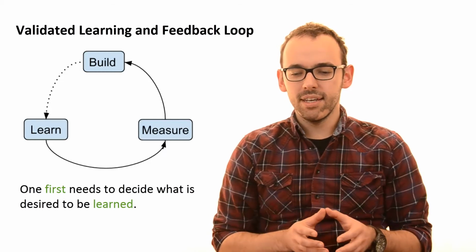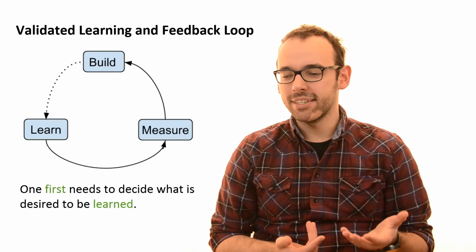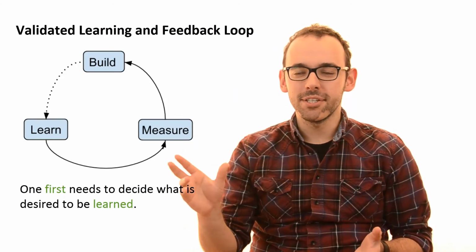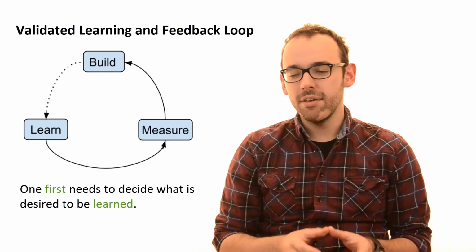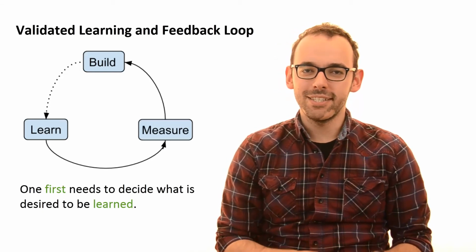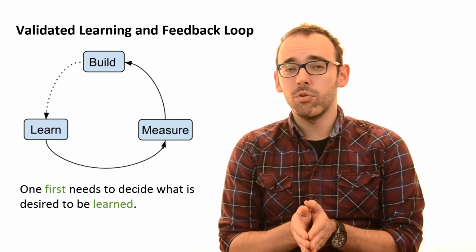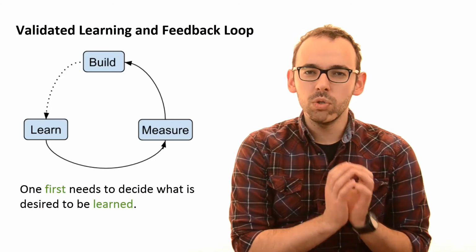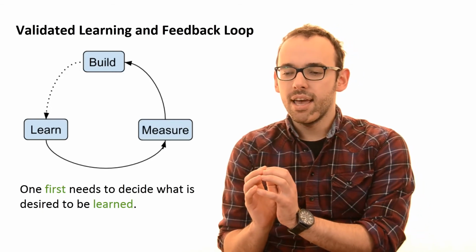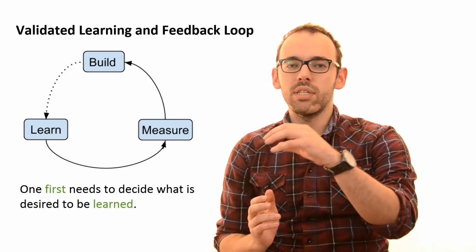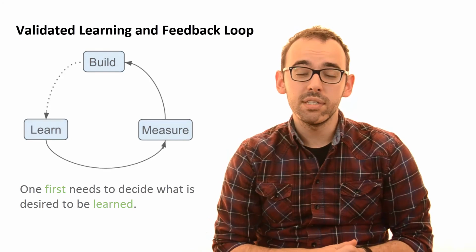And in other cases, and it's a story that you can see Steli telling in a lot of presentations, he was able to sell the product sometimes even without the product existing. So you see, it is possible to execute the feedback loop in this way. At first you decide what you want to learn, then you develop some measurements and measure it, and from these results you decide whether you will build this product or this feature.